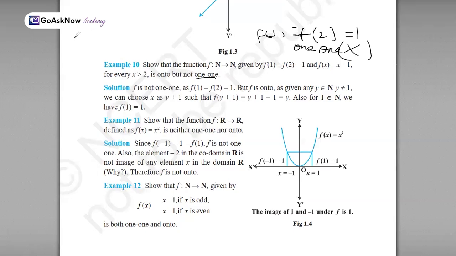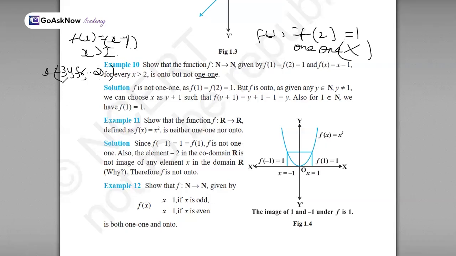f(x) is given as x minus 1, and it is from natural numbers N to N for every x greater than 2. So if x is greater than 2, x will take values like 3, 4, 5, because it is a natural number. So 3, 4, 5, 6, and so on up to infinity.